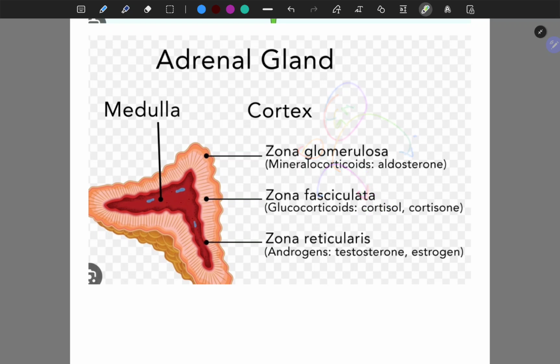Fasciculata, glucocorticoids. They will secrete cortisol and cortisone. From the medulla, there occurs catecholamines: epinephrine, norepinephrine, catechol-O-methyl transferase. Methylation of the catecholamines or norepinephrine happens at the level of the adrenal medulla.